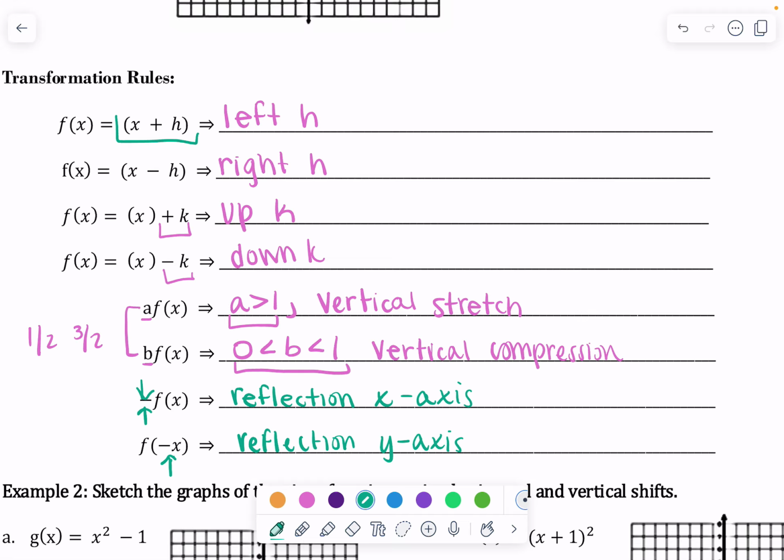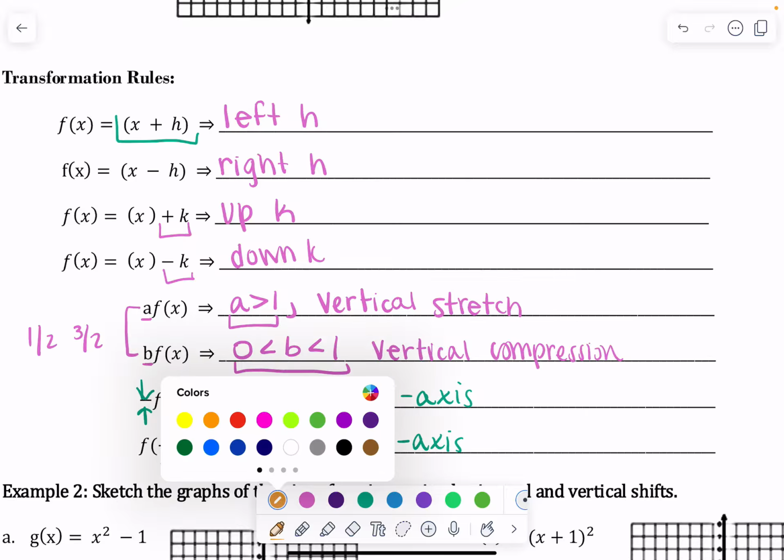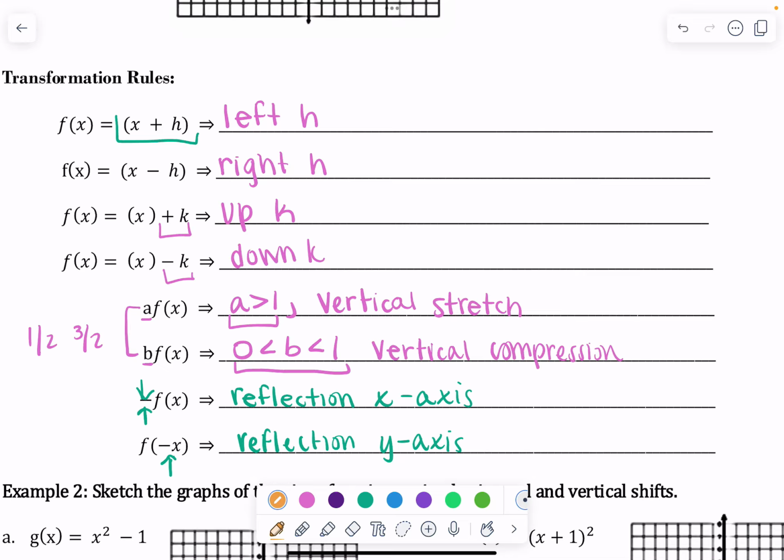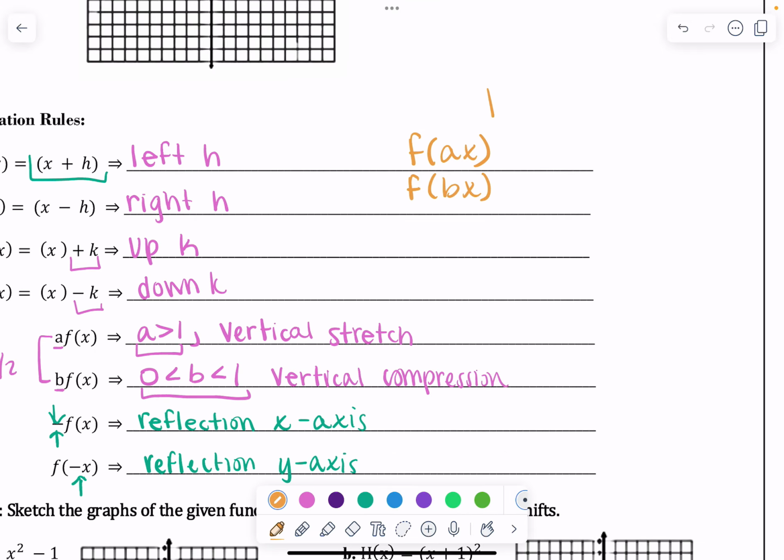All right, so these are all the functions besides horizontal and vertical, but I will talk more specifically about that one halfway through the notes as well. If I have f of a x and then f of b x, these are going to be horizontal.